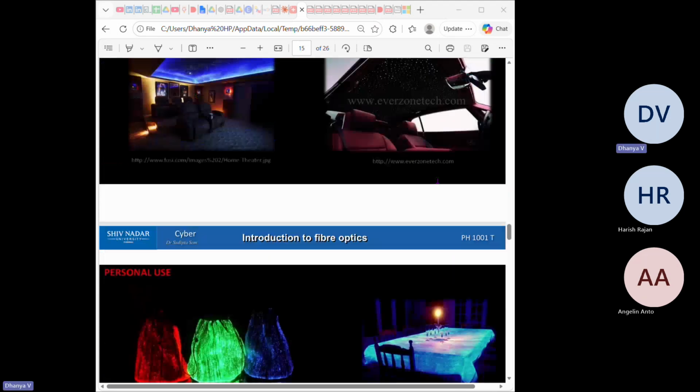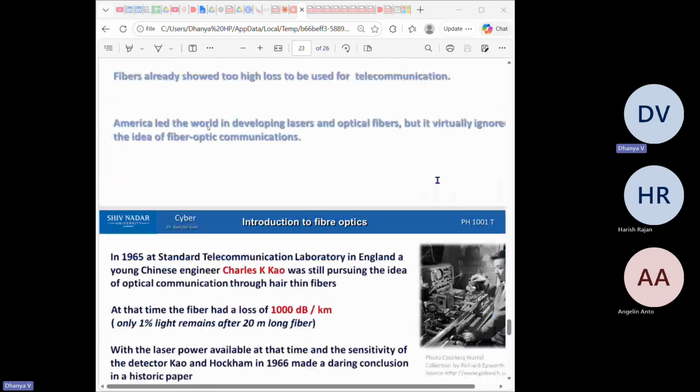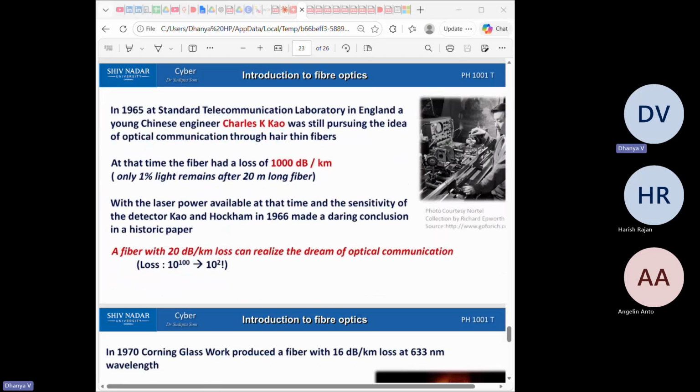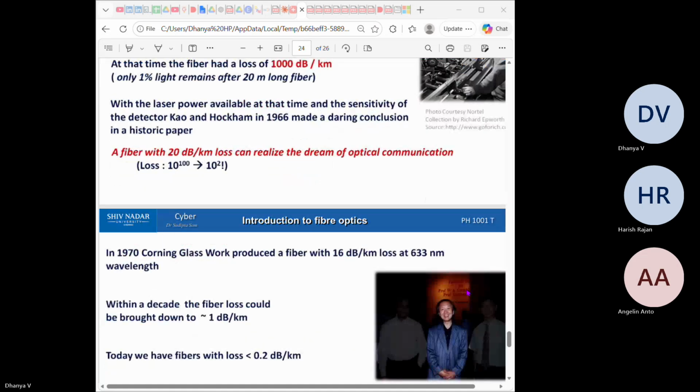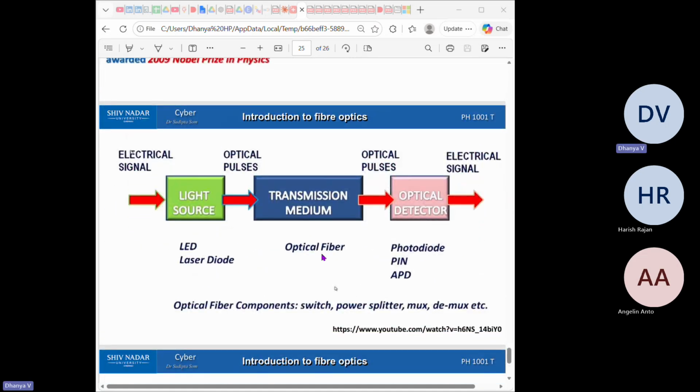Okay, these are just basic examples for fiber optics. I think this part is something that we can skip. All of this is not required, from an exams perspective. So, introduction.